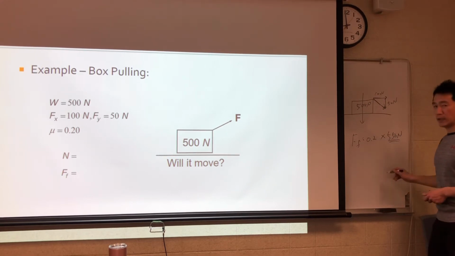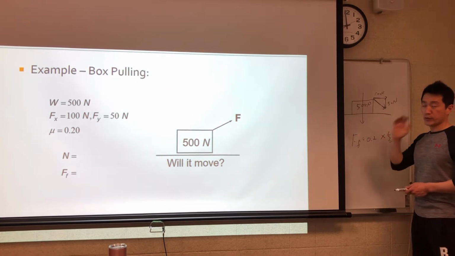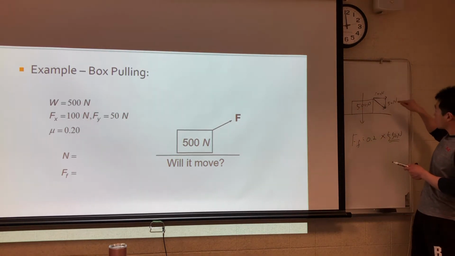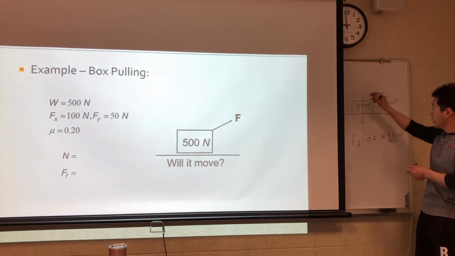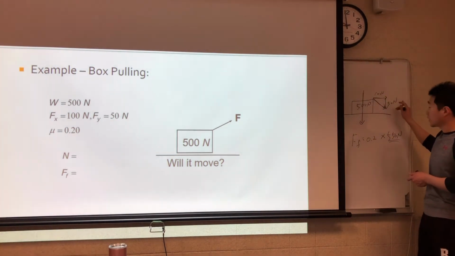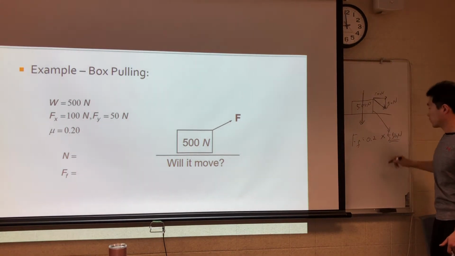Why? I just changed the direction from diagonal upward to downward. Which means now this vertical component of my force will be acting downward. That's why these two are acting in the same direction. That's why we have to add these two to get this one.